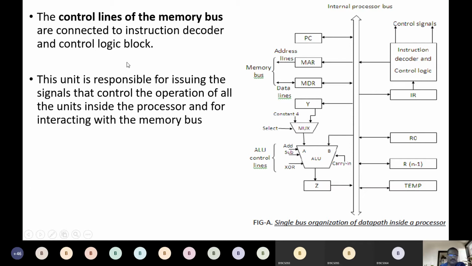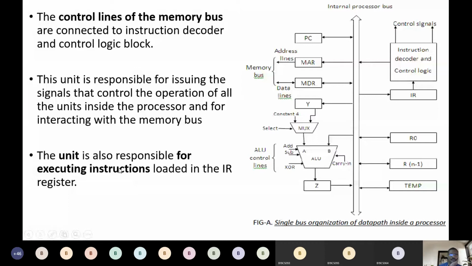Okay, so here we have some functionality of this unit. This is an important unit which controls all the other components. You can see this unit, that is what we are targeting. This unit is responsible for issuing the signals, which we call control signals, that control the operation of all the internal components of a processor and also interact with the memory.